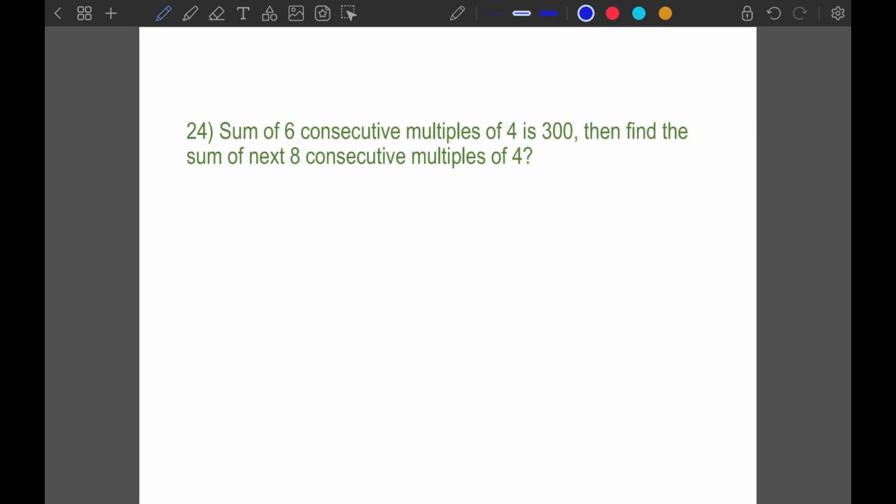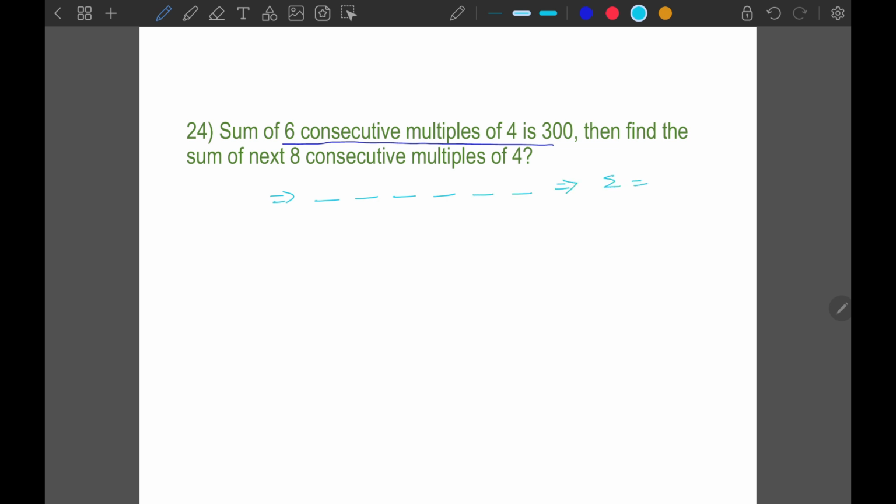Okay. Let us try to solve this question. It is given that 6 consecutive multiples of 4 have a sum of 300. I think we can write like this, right? We can write as 1, 2, 3, 4, 5, 6.